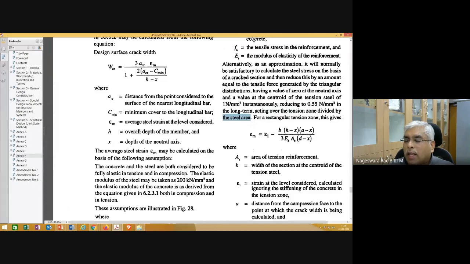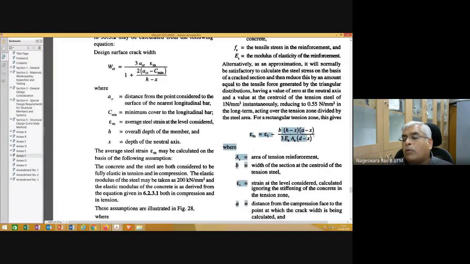So what actually it means is, first you can read this formula, then it will be clear what this is. Okay, this epsilon m, the average steel strain, is what is mentioned. Epsilon m is given by epsilon 1 minus some quantity.